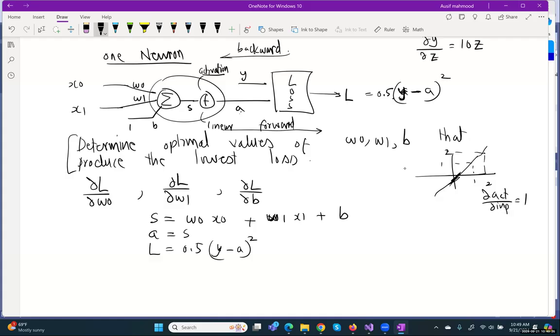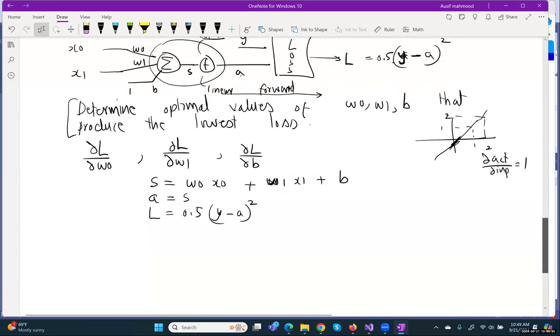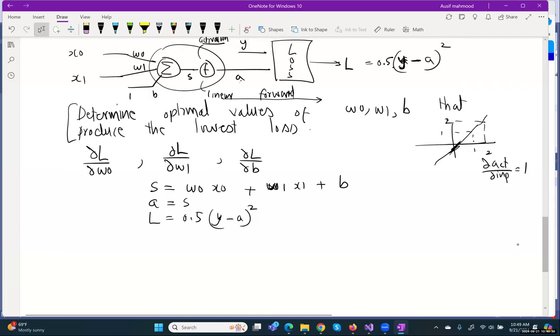So we have to determine partial L over partial W0. Let's see if we can do that. Can you take a look at this equation and tell me how we will compute this, right?